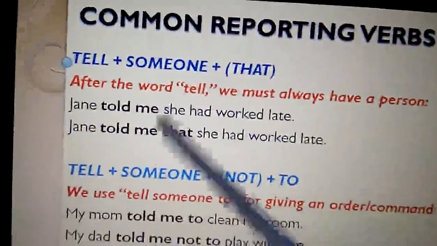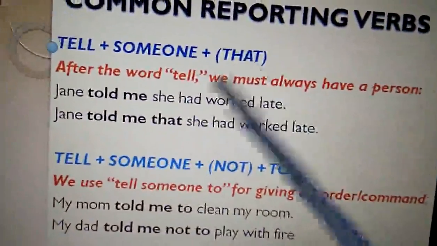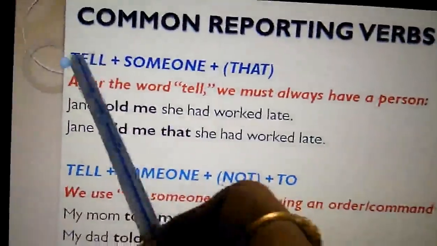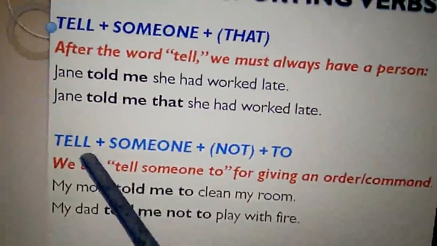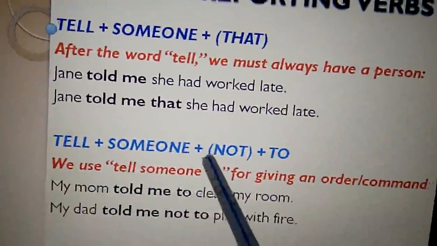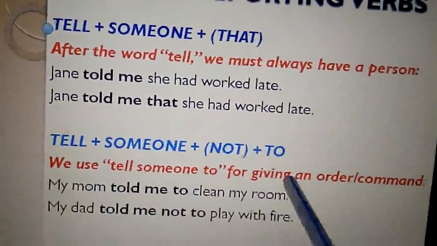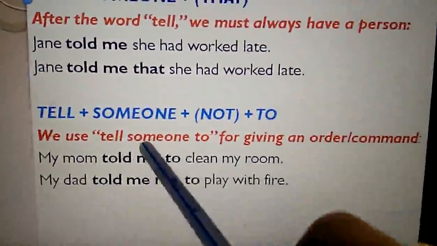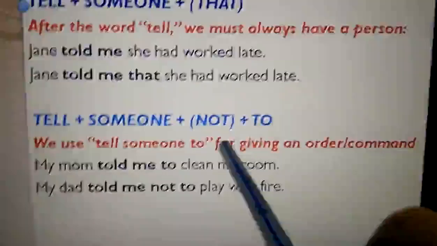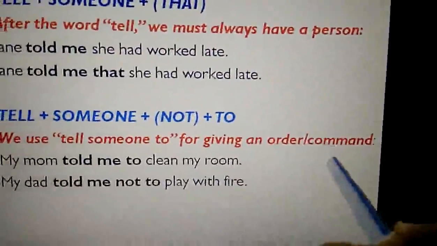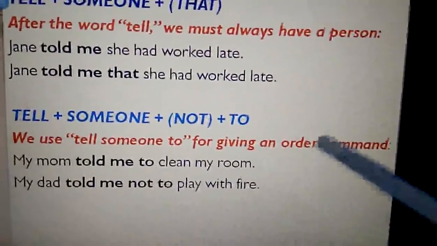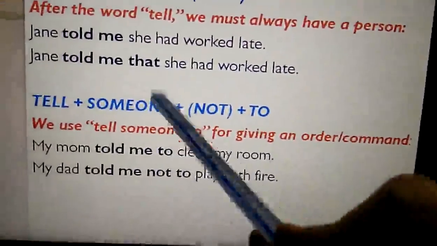And we have one more pattern of using this tell as a reporting verb. Here, tell plus someone plus not plus to. We use tell someone to for giving an order or command. While we are giving orders or commands, we use this pattern.